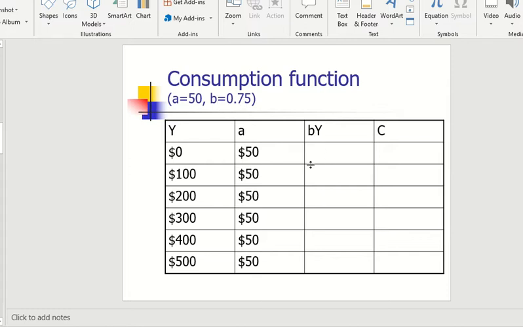So let's do two things. Let's try to find the amount of consumption that is dependent on income, and let's find the total consumption then. Okay, so let's spend about 5 minutes. So let's take a pause, do a little bit of exercise.